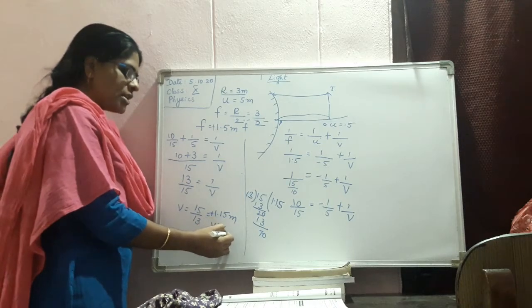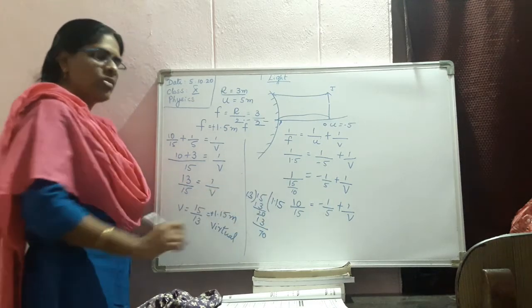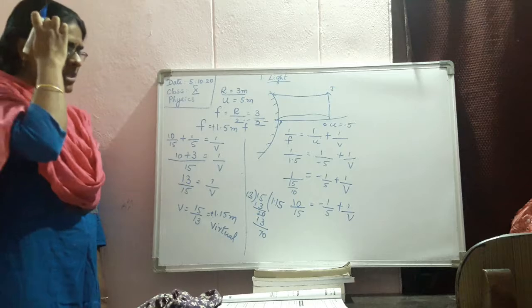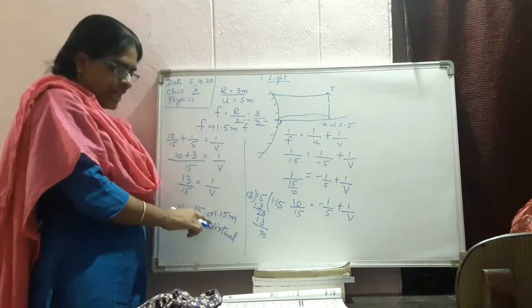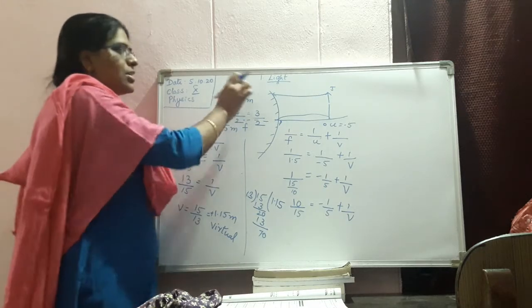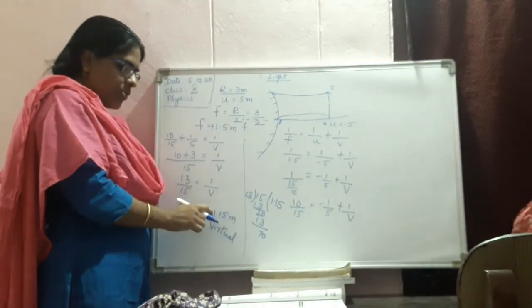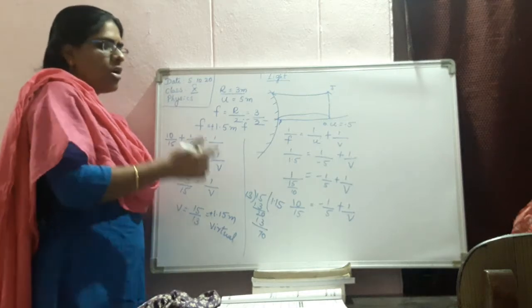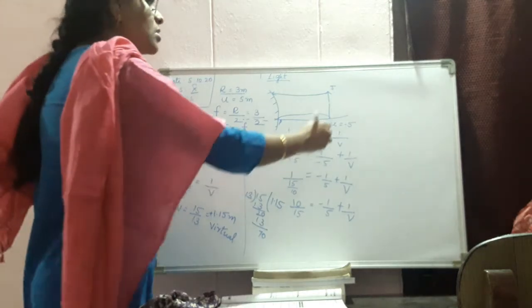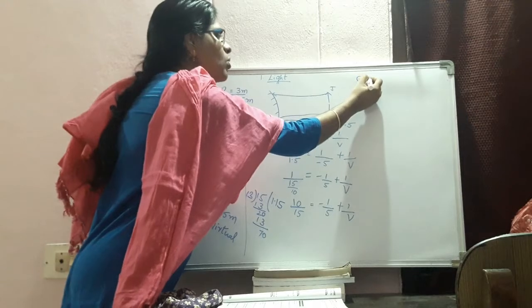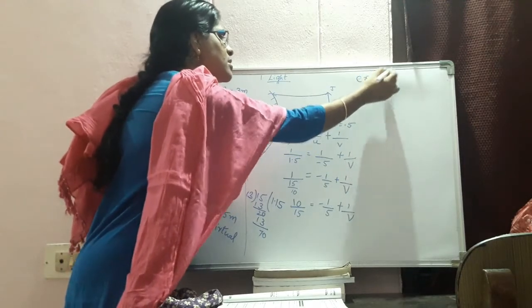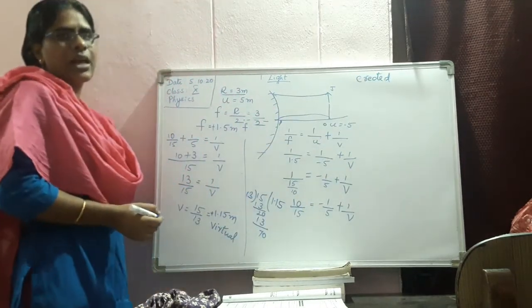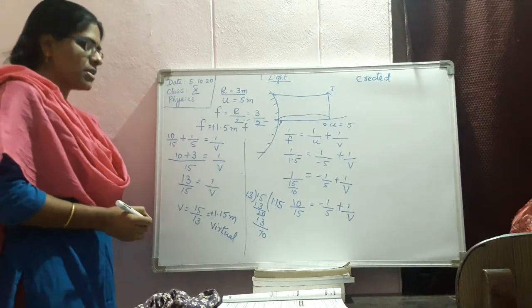I told you in the last class, if you get a negative value, those are real images. Always you get positive values in case of your convex mirror. Hence, a positive value indicates a virtual image. Virtual images are always erect images. Real images are inverted images.